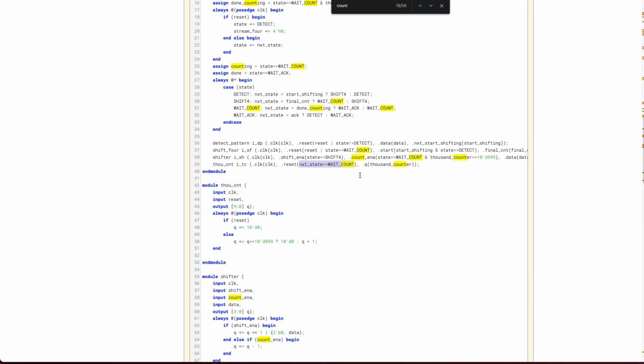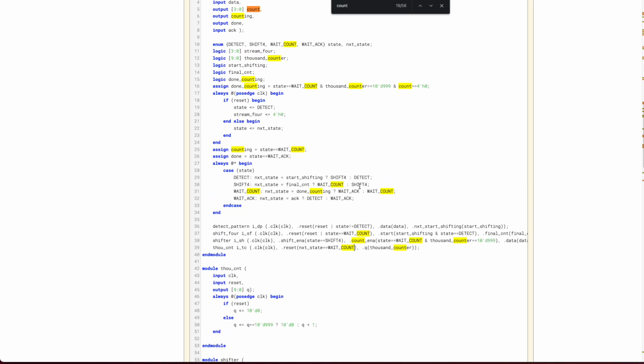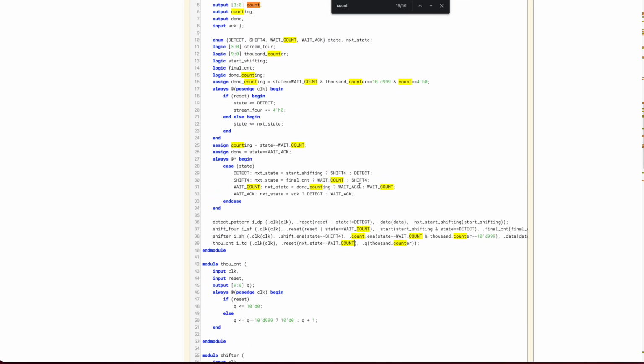Actually, this reset, I want this, don't I? So when this says I'm going to wait count in the next cycle, then I release it.